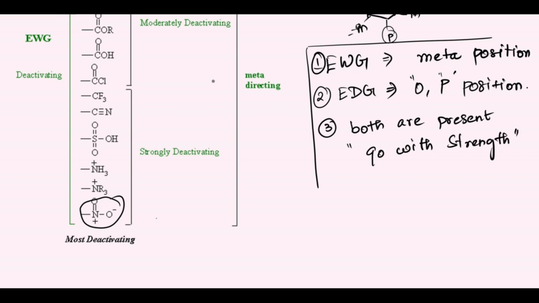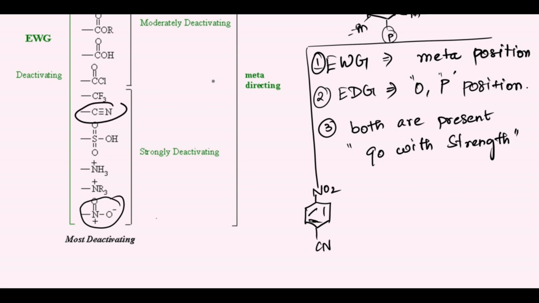So if nitro is higher in the priority order, if that is more deactivating, more electron withdrawing when compared to another donating group or another electron withdrawing group, then you have to go from the nitro position, meta position you have to take. So for example, here I'm having nitro and let's say I'm having CN in another position.